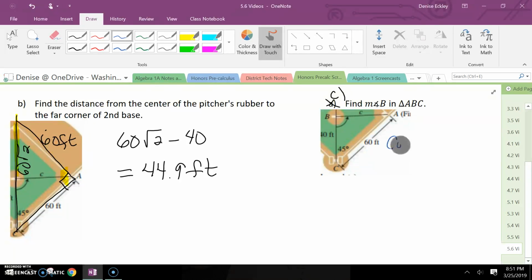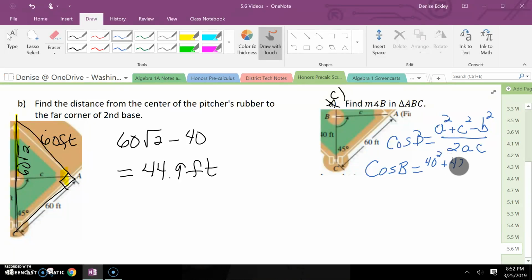So we're going to have cosine of B is going to equal A squared plus C squared minus B squared, all divided by 2 times A times side C. So cosine of B is going to equal 40 squared plus 42.5 squared, which we found in part A, minus 60 squared.